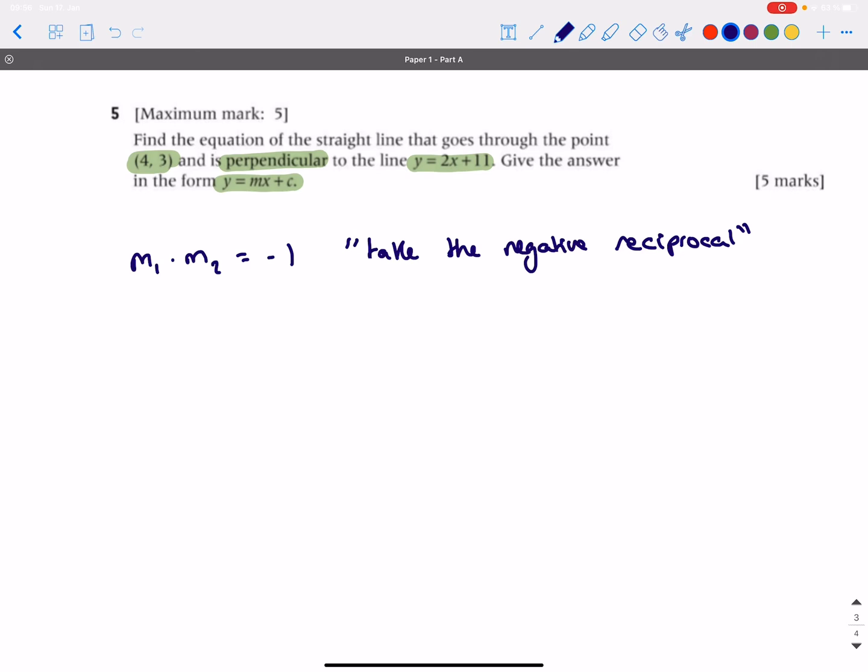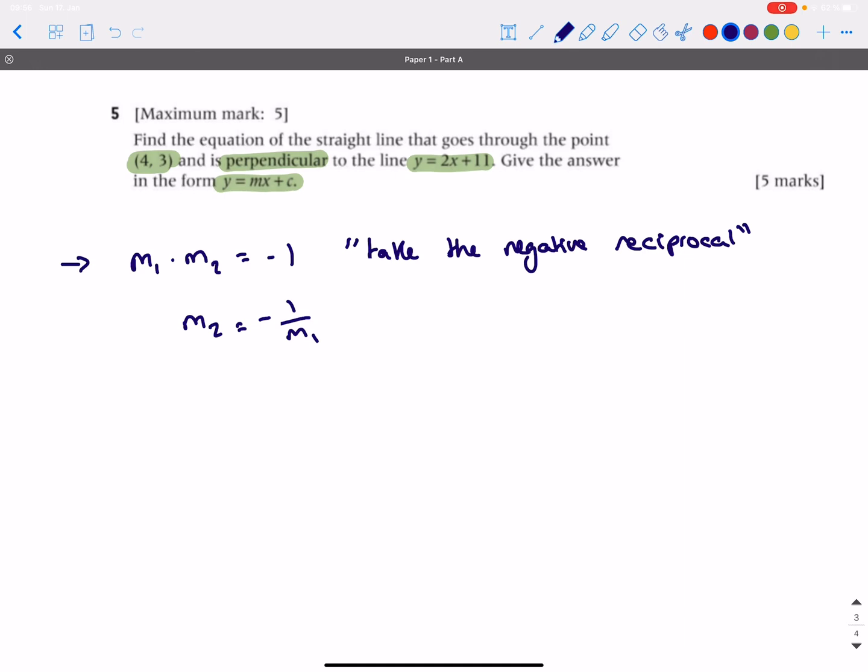What I mean by that is, for example, if we know M1 and we want to find M2, our perpendicular gradient, then with this formula here, I'd rewrite that as M2 equals -1 over M1. And that's the negative reciprocal because it's negative, and it's a reciprocal because it's 1 divided by that original gradient.